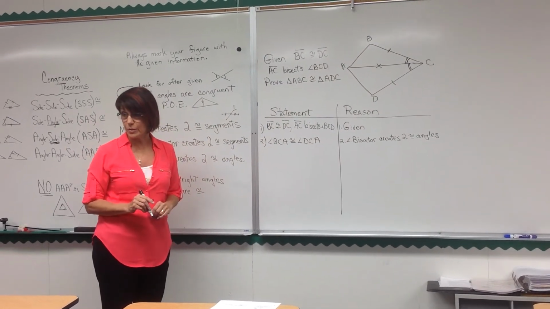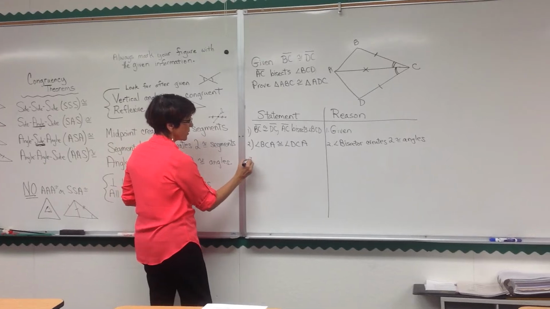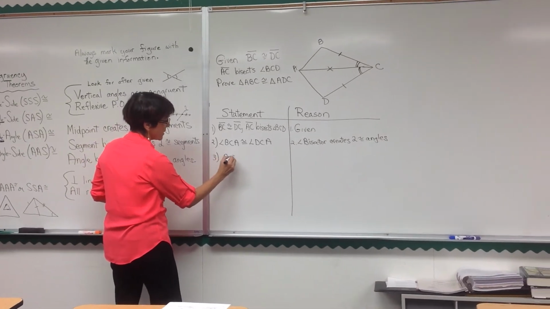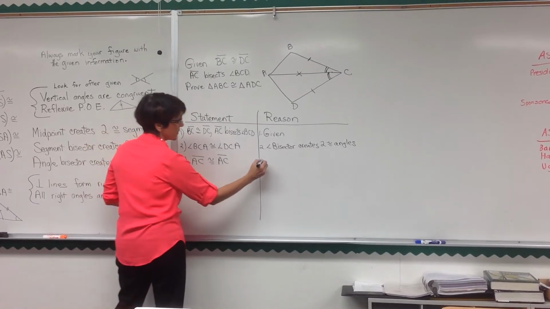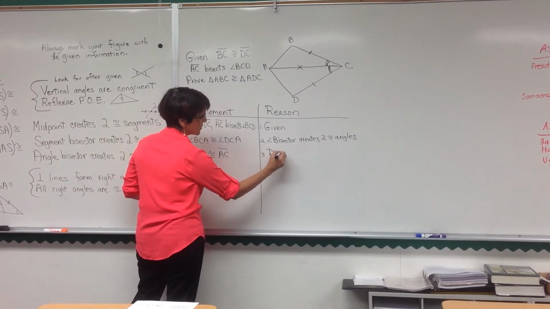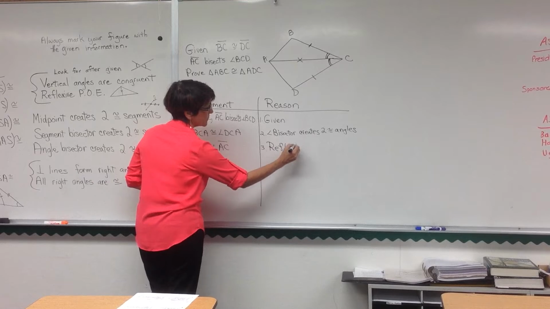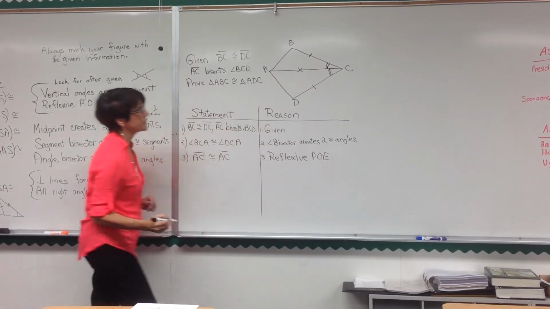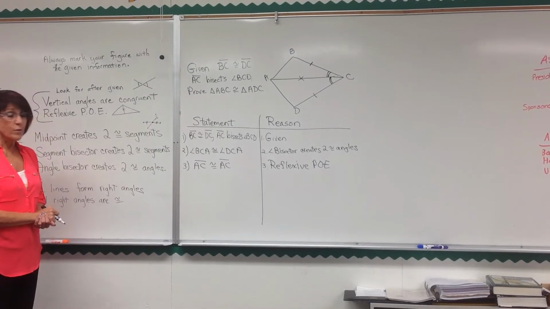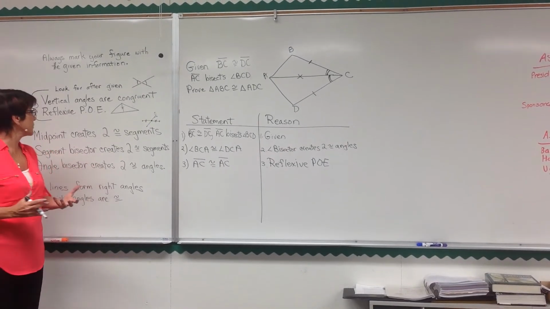That's where I'm going to use those. So over here, number 3, I'm going to say AC is congruent to AC, and that is my reflexive property of equality.